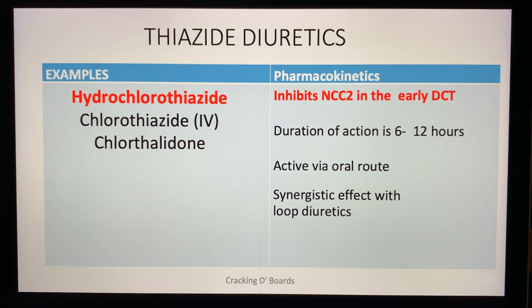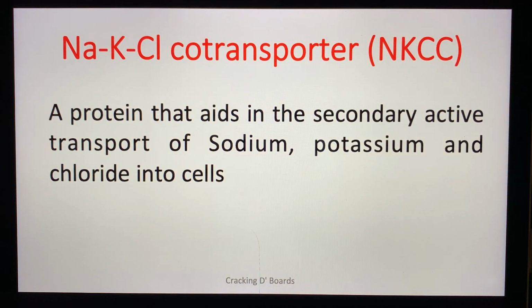So, for mastery purposes, review purposes, I just enlarged the slides for better viewing purposes. So thiazides, memorize the prototype hydrochlorothiazide. Most important pharmacokinetic principle you should memorize to crack the boards is the inhibition of your NCC2 channels. So what is your sodium potassium chloride co-transporter, or your NKCC?